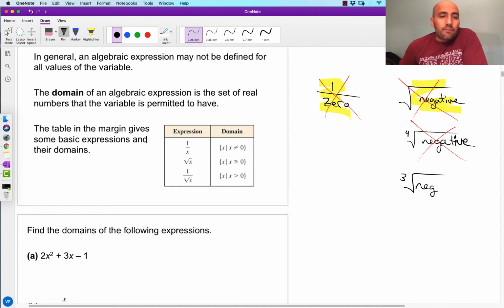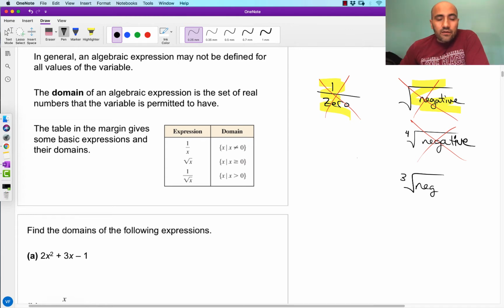By default, we stick to the real numbers, so we don't want to go into the imaginary domain. So 1 divided by x, what is the domain of this? When they ask you for the domain, we flip it around and think about the things it's not allowed to be. It's not allowed to be 0, because then we'd be dividing by 0. So the domain of this is all real numbers except 0.